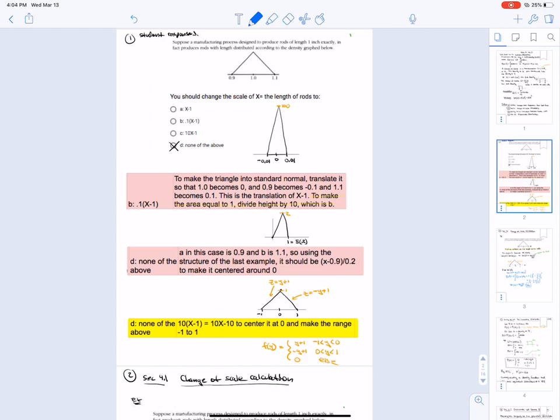And to do this, we need to translate to the origin and then spread out the data so that it's between -1 and 1. And so that's 10 times parenthesis x minus 1. The height of the density in the middle there is determined because, again, we necessarily have area 1.